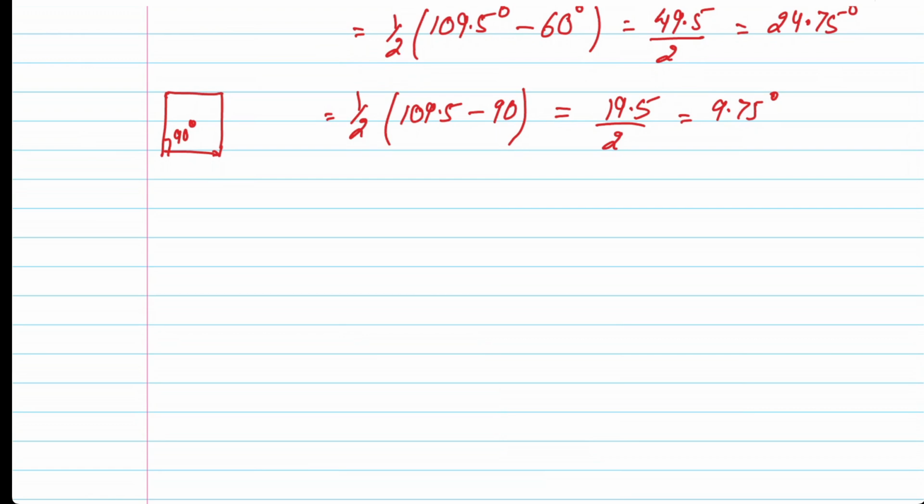Now we can talk about cyclopentane. The internal angle of cyclopentane is 108 degrees. You can find out the internal angle of any regular polygon by a simple formula: it is equal to 180 minus 360 by n, where n is the number of sides.